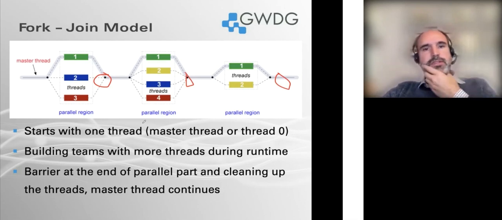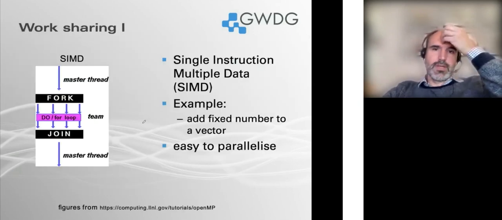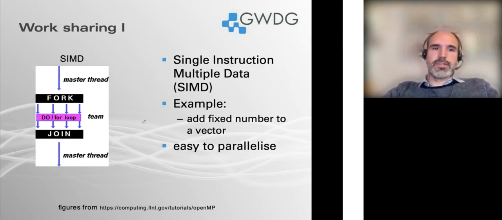So it's quite helpful that you can control the number of threads by, for example, using the library function omp_set_num_threads, and you can just start and stop parallel regions as you want. If you would like to do work sharing, so you have many threads, there are two typical examples you would go for.